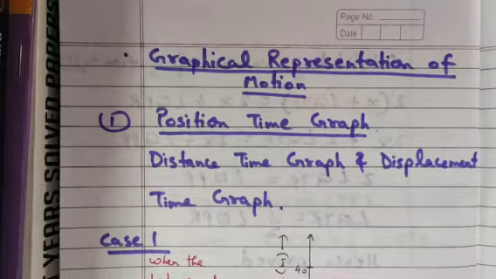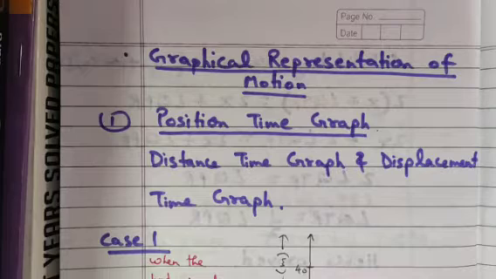There are many types of force and motion graphical or pictorial representations we study in physics. Here we are going to study the graphical representation of motion only. Basically two types of graph: the position time graph as well as the velocity time graph.